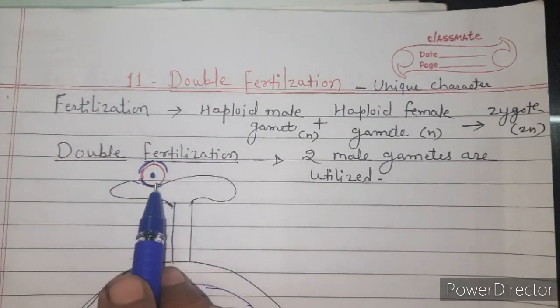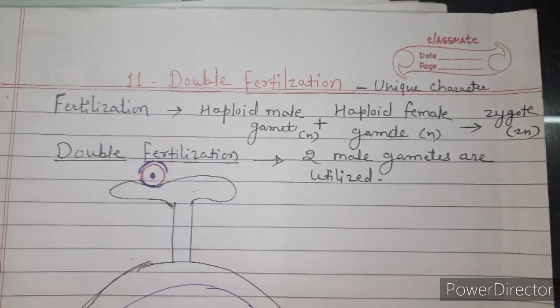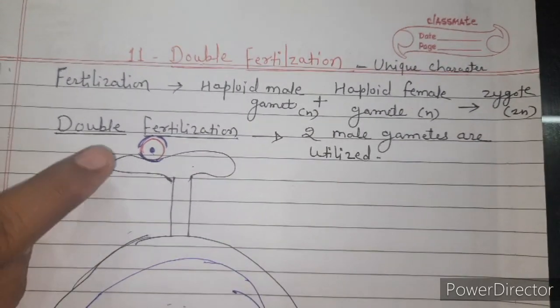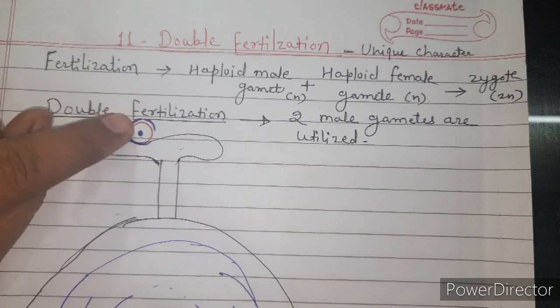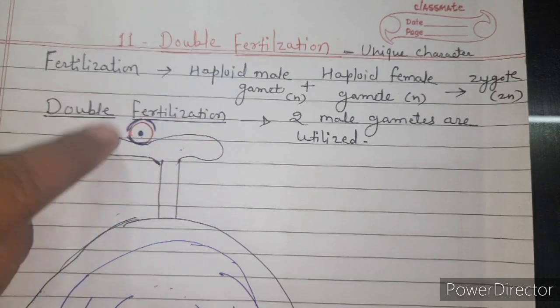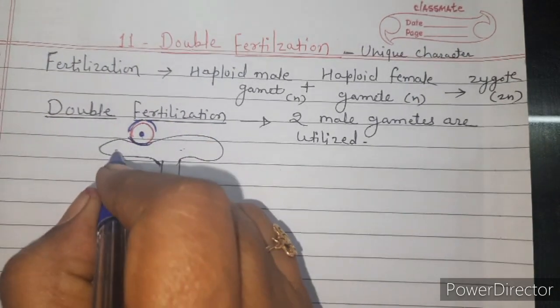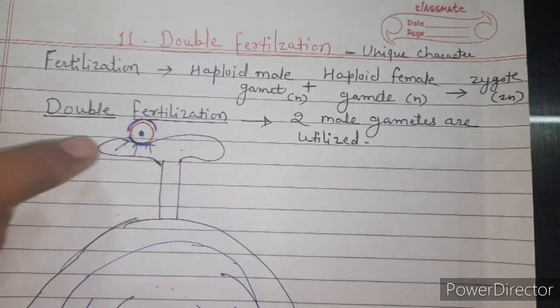The pollen grain gets deposited on the receptive stigma of the gynoecium, and this pollen grain absorbs the nutrients and the water present in the stigma. In the last period I told you about the pollen-pistil interaction.